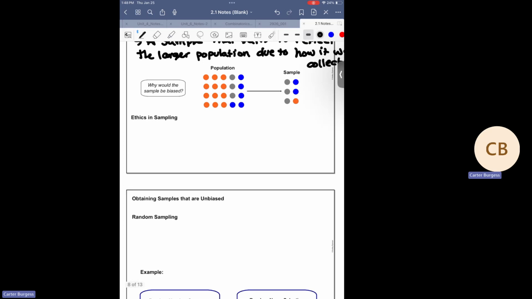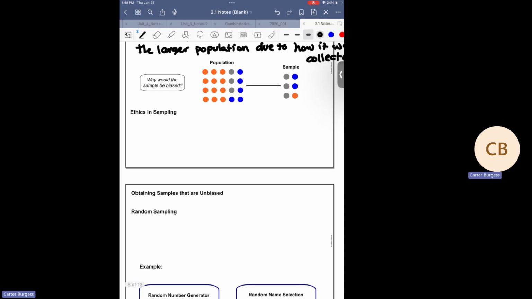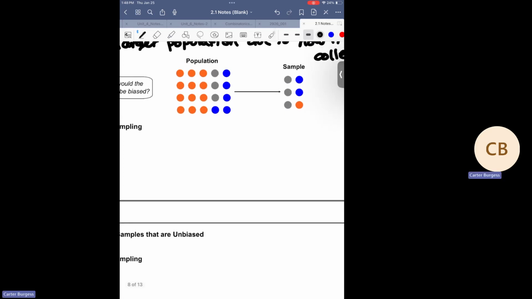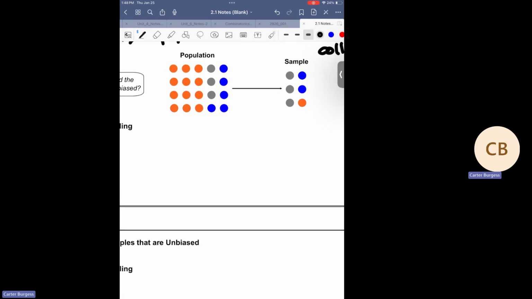For instance, taking a look at this very, very simple example with just dots, what do we notice about the sample in comparison to the population as a whole? So for our sample, we have 3 gray, 2 blue, 1 red.